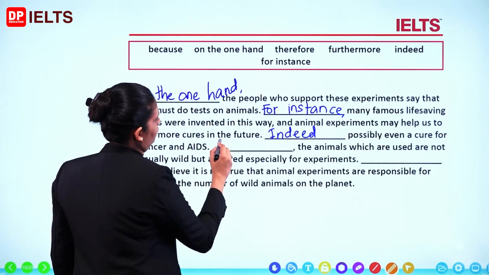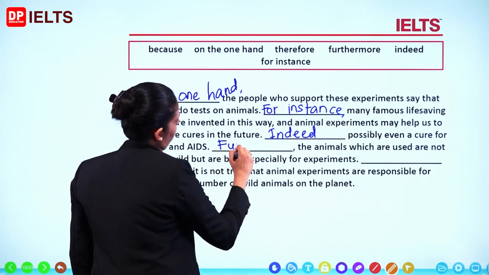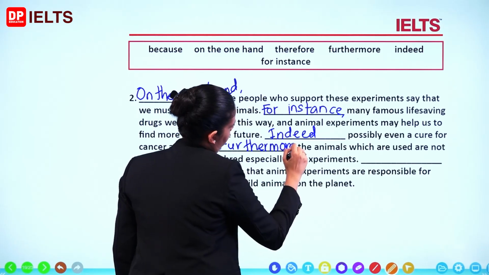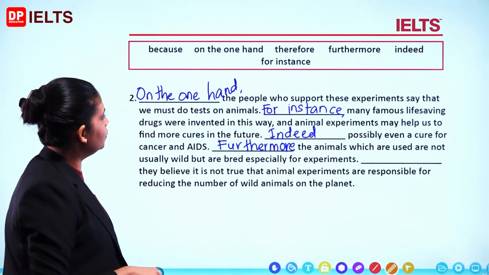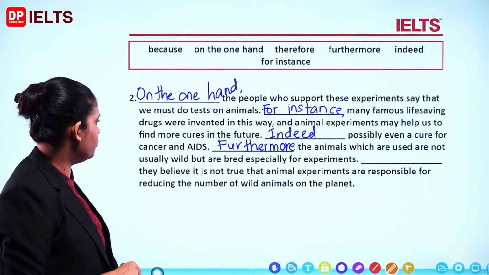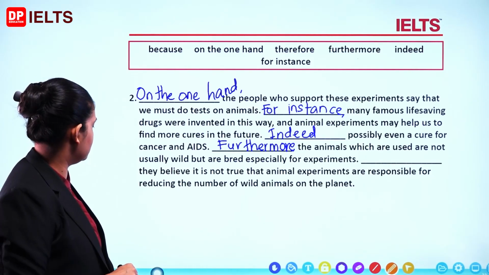Furthermore, the animals which are used are not usually wild but are bred especially for experiments.